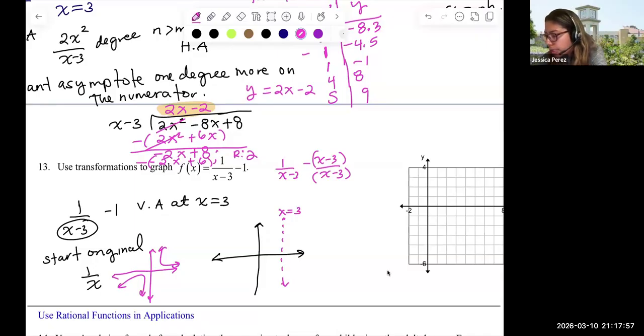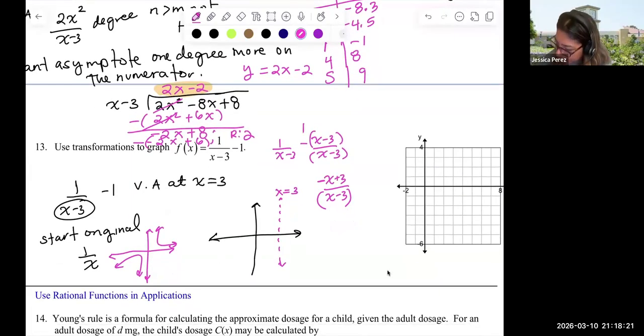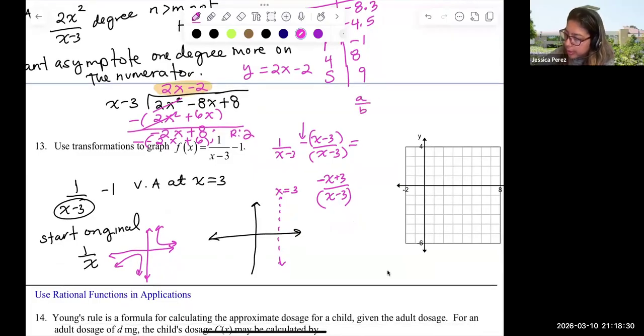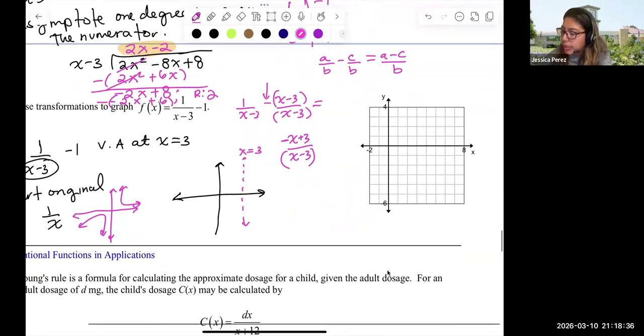And then if I combine like terms, this would be a minus, and this would be a plus, because this is negative on the outside. You distribute the negative: x plus 3 over x minus 3. It's when you subtract the fractions like this, with the common denominator. So then this becomes negative x plus 3 over x minus 3.